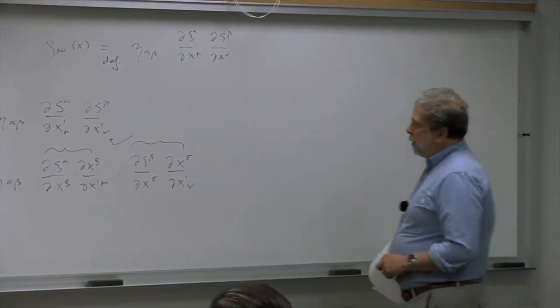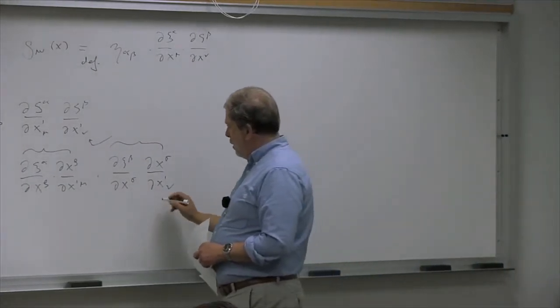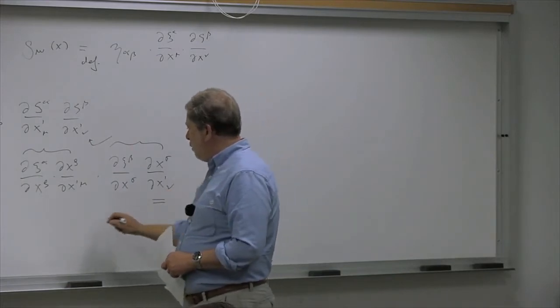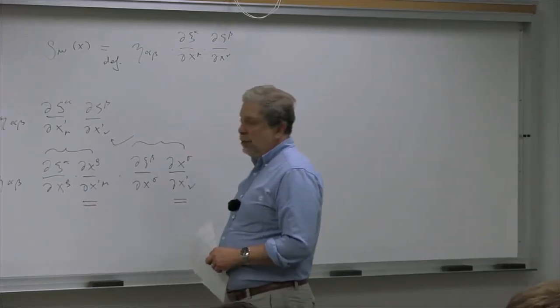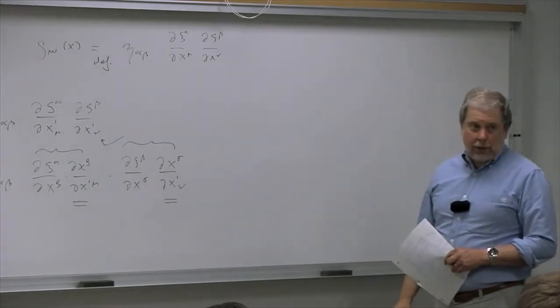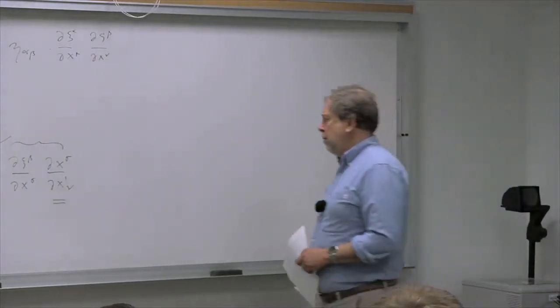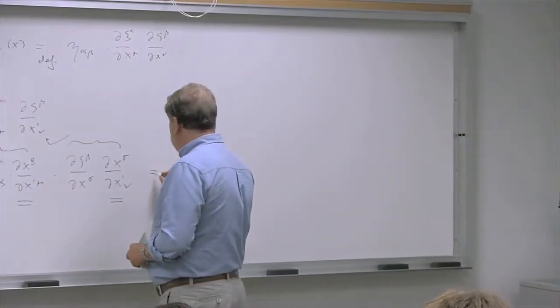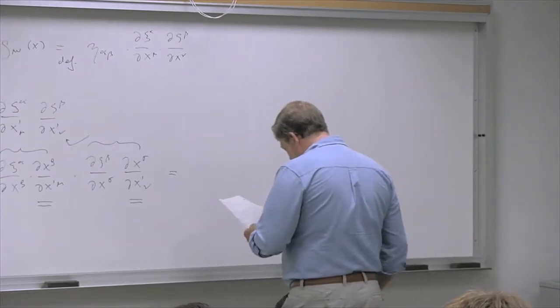And now you stare at this expression a little bit, and you recognize that you in fact have two factors which are precisely the factors that you expect for a second-rank tensor when you change coordinate system.